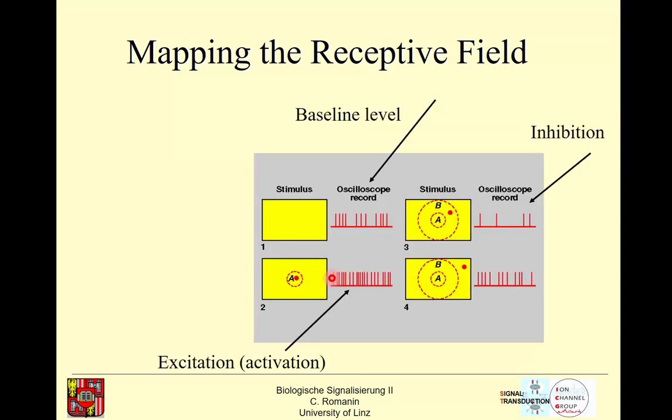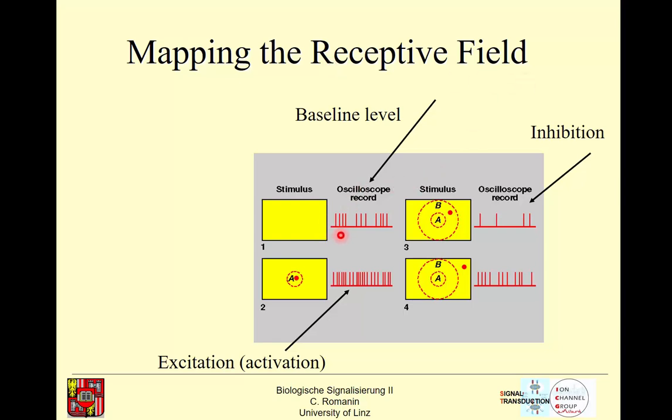And you can see here that the hypothesis of the receptive fields came up. So there is a certain area in the retina which is called a receptive field, and the receptive field finally ends up with a certain stimulus.